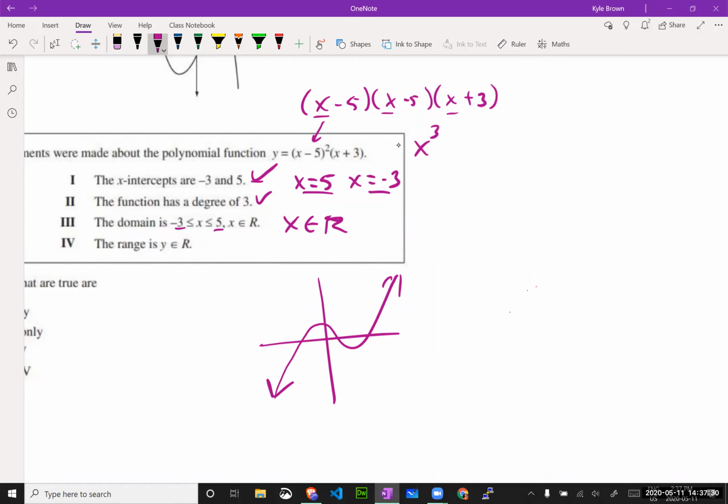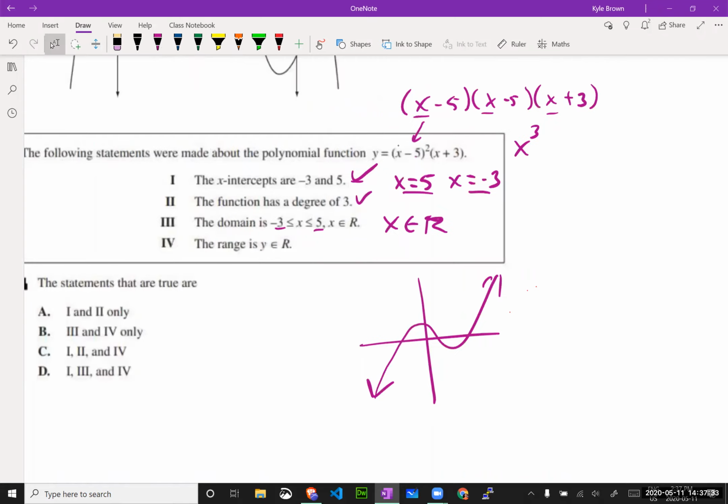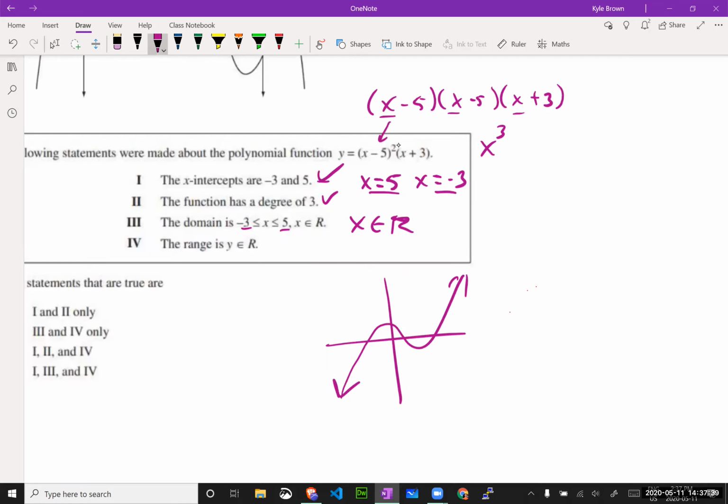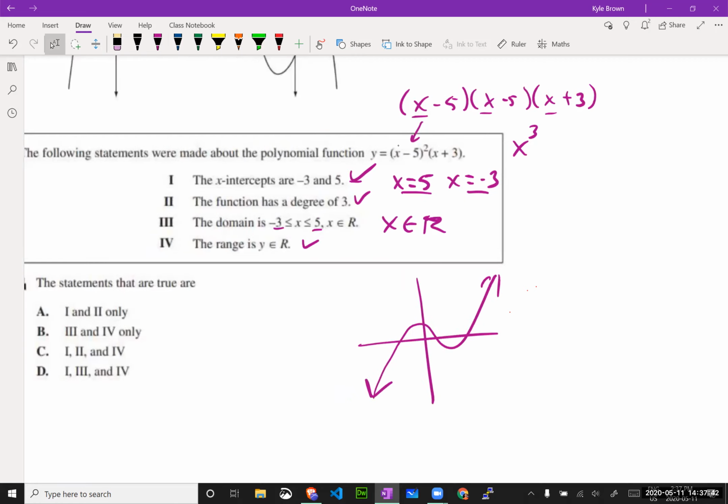Now, the range is any real number for this one. So, yeah, 1, 2, and 4, so it's got to be C. Yeah, so the range, by the way, up and down. So everything is up and down. So hopefully that one made sense.